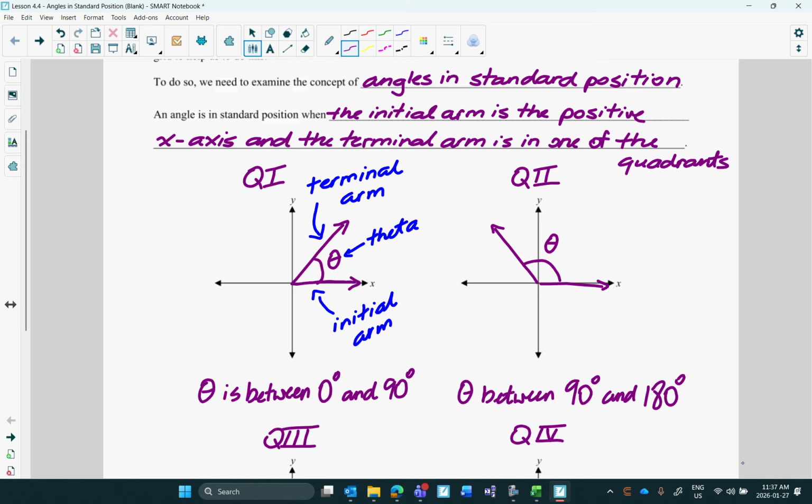So that's the first thing we have to be familiar with. The next thing we have to be familiar with is something called reference angles.